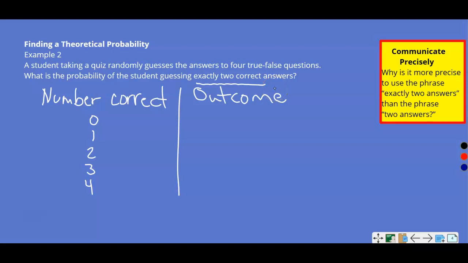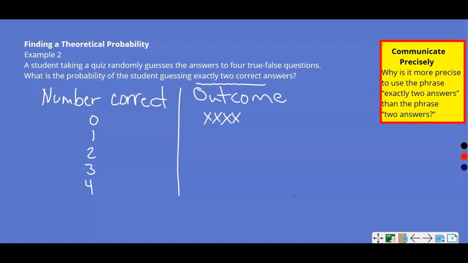If there's 0 number correct, that means all 4 answers are incorrect. If they got 1 correct, how many different possible outcomes are there?